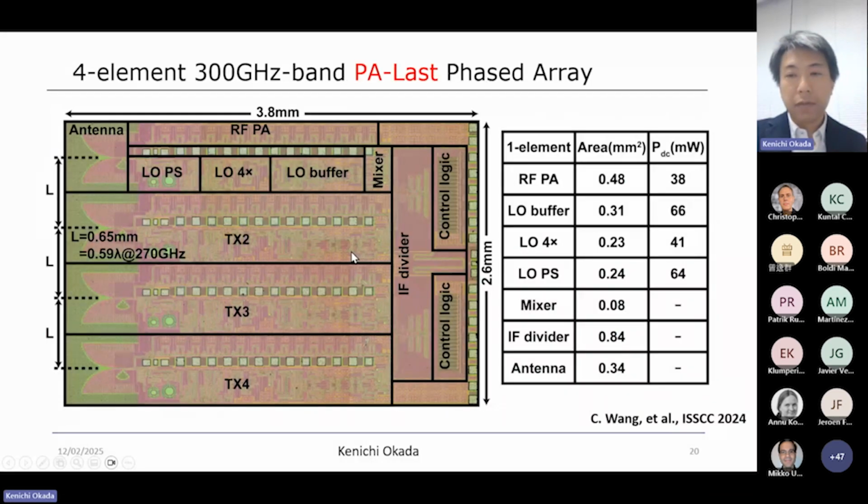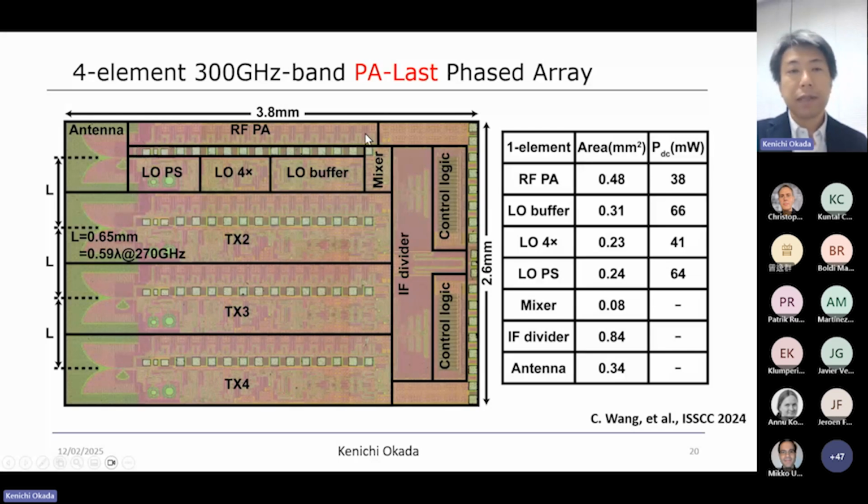So then we implement this kind of phased array transmitter. In this design, the antenna is integrated inside the CMOS chip, and we apply some ion irradiation to improve antenna radiation efficiency. And a CMOS power amplifier is also integrated.